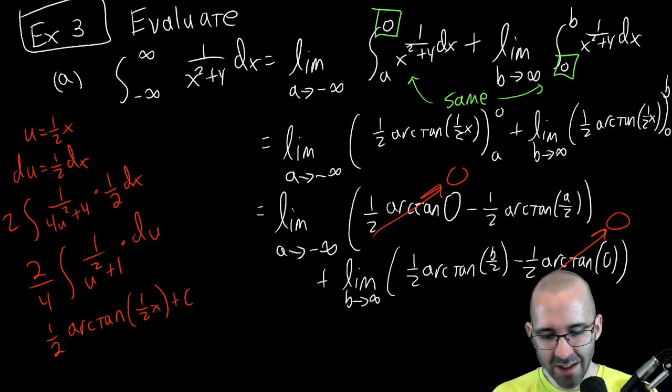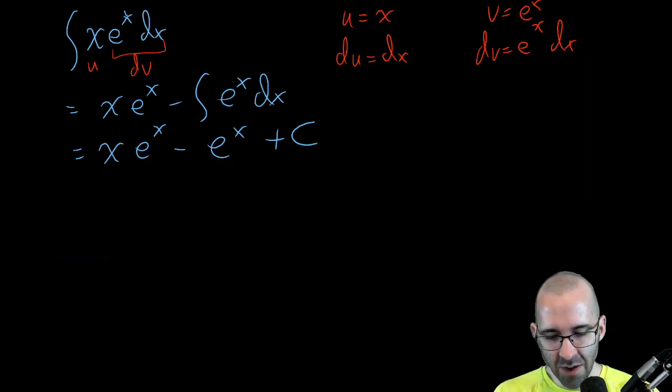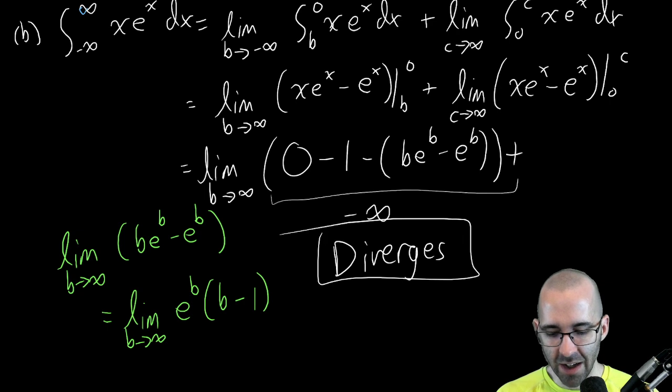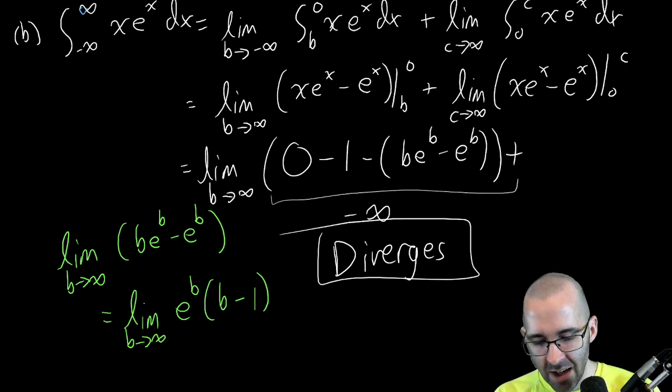Okay. So wait, where are we? Yeah, here we are. So the second one. Oh, I see what happened. I lost my negative here. This one actually converges. This one converges because b is going to negative infinity.